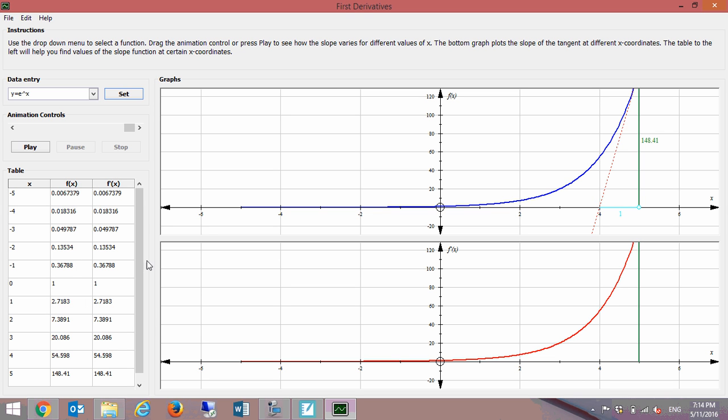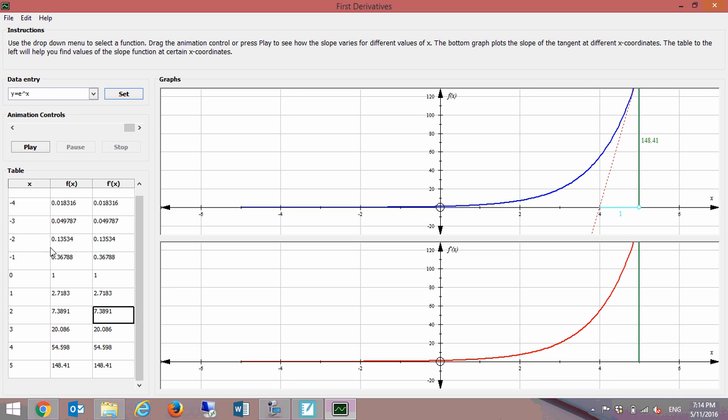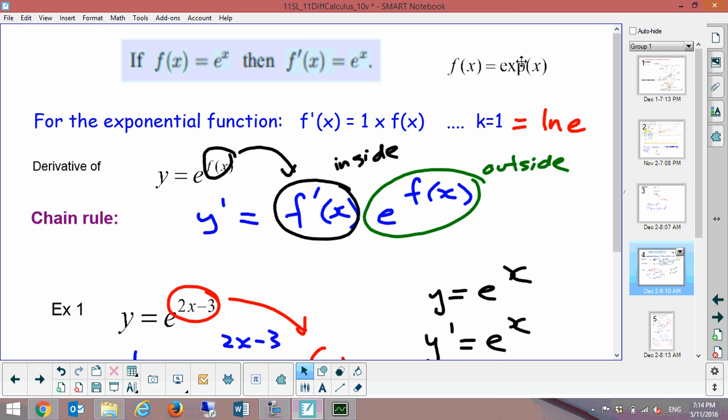So in other words, if our function is y equals e to the x, the derivative function is also y equals e to the x. So it just doesn't change no matter what x values we look at. So that's this statement here, that if f of x equals e to the x, then the derivative function f dash x is also e to the x.